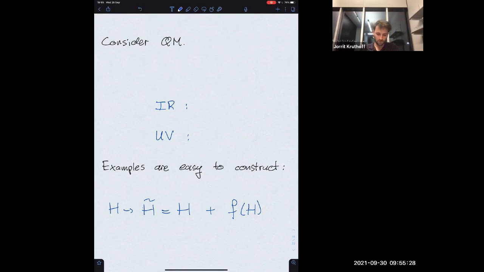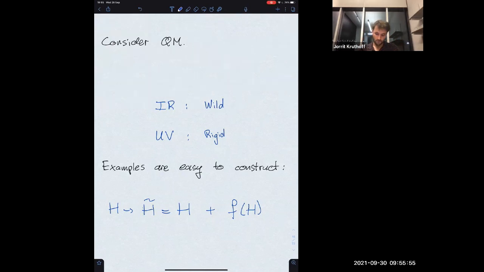It's very complicated. In quantum mechanics, it's the other way around. So the UV is more rigid, and irrelevant, or relevant operators are very easy to write down. That's because a scalar field in quantum mechanics has negative dimension.